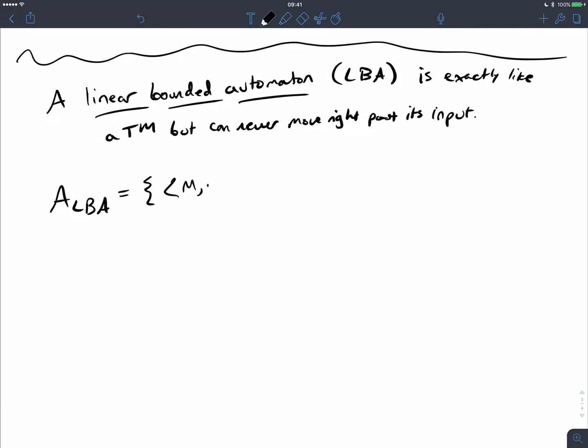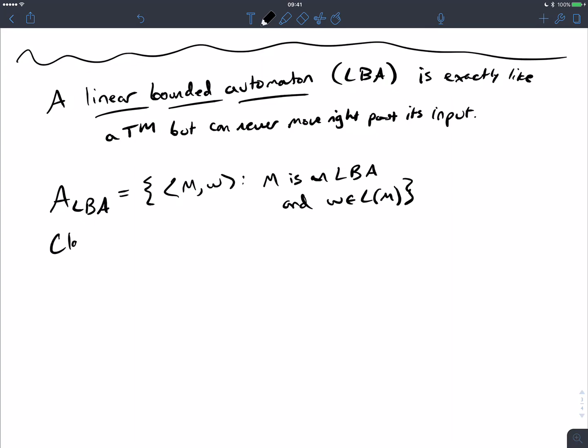So it's exactly the same as A_TM, but it's an LBA in this case. And of course, if I try to move right past the end of the input, there's no make-a-new-tape-cell operation. The tape is fixed in size.